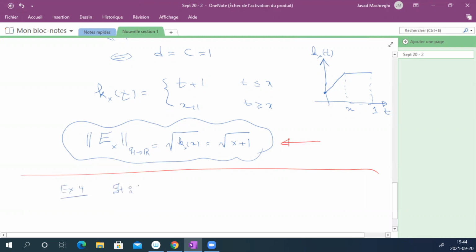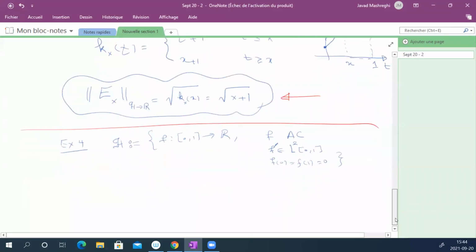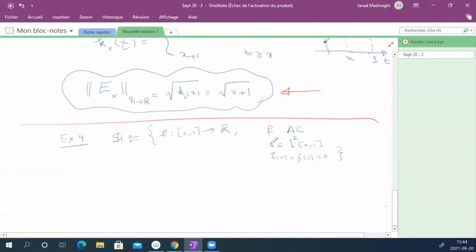H is the set of functions from 0, 1 to R, absolutely continuous, f prime is in L2. And I even add the condition we had at the very beginning. It's a bit surprising, it seems we studied this before, but in a vector space, the way we can define an inner product is not unique.